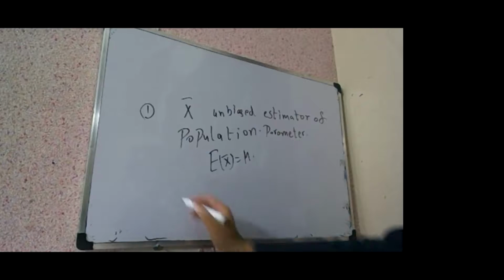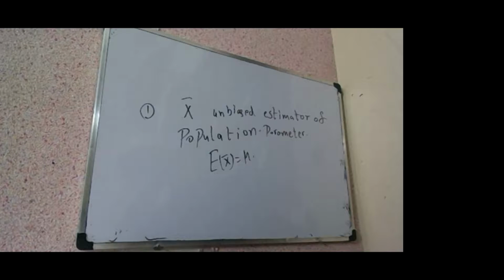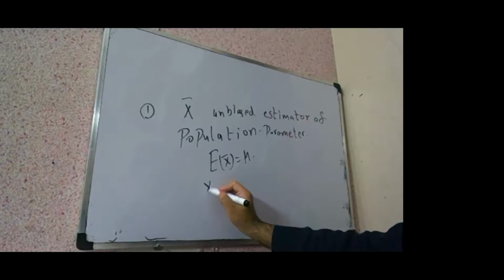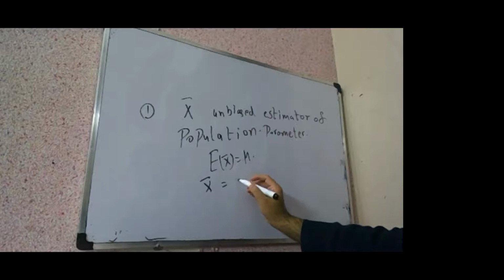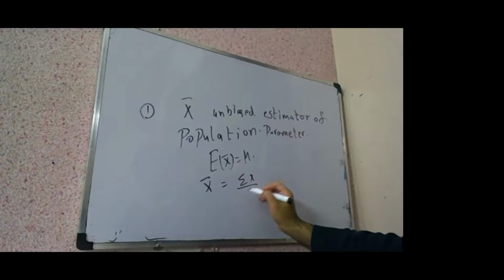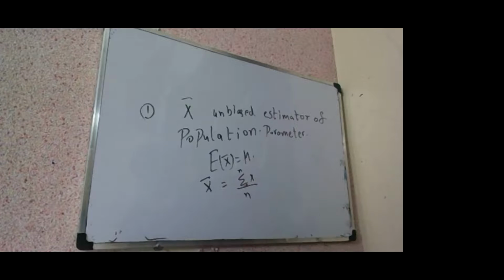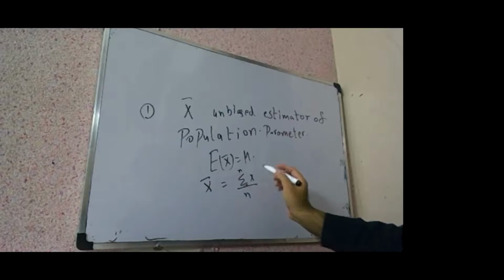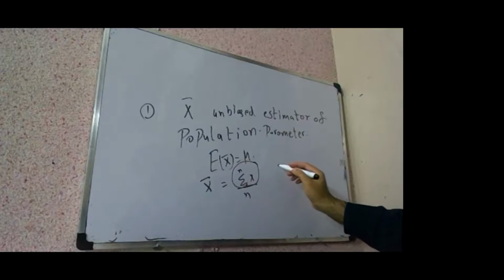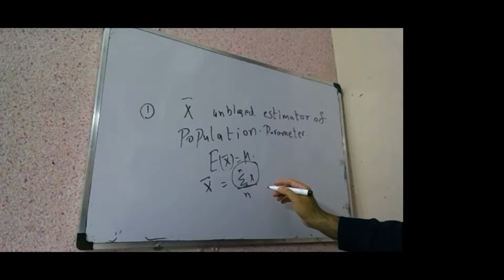So we already know that x bar is the sum of x upon n, with i equal to 1 to n. Now, if I open this summation here, then what do we get?